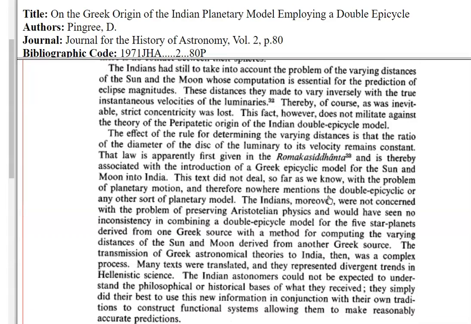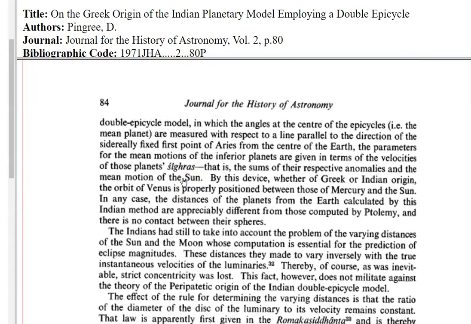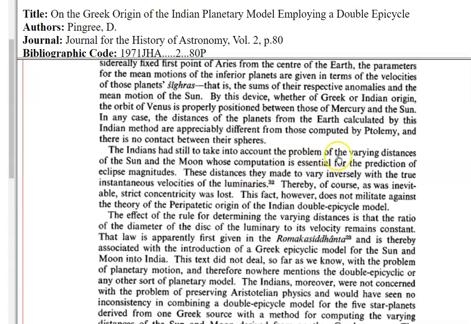So basically, I would read the end here. The Indians had to still take into account the problem of varying distances of the Sun and Moon, whose computation is essential for the prediction of eclipse magnitudes. These distances they made to vary inversely with the true instantaneous velocities of the luminaries.